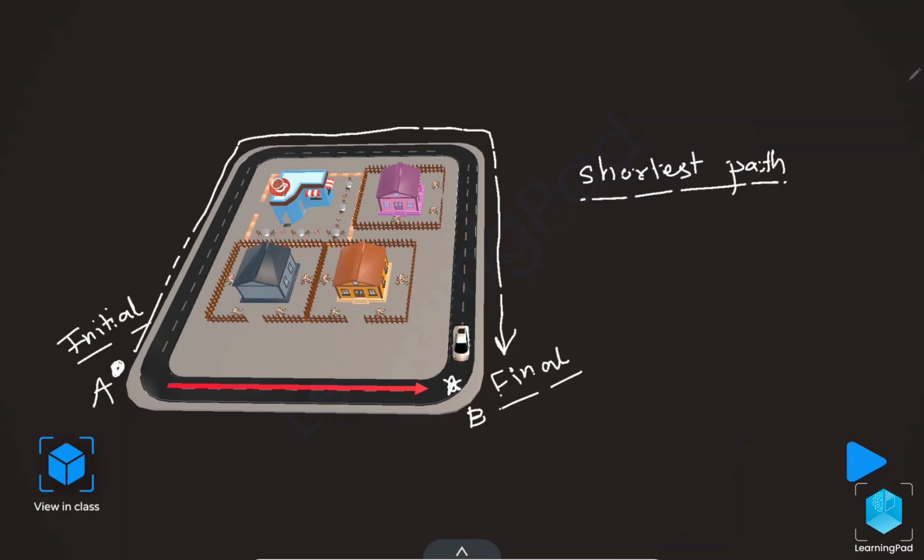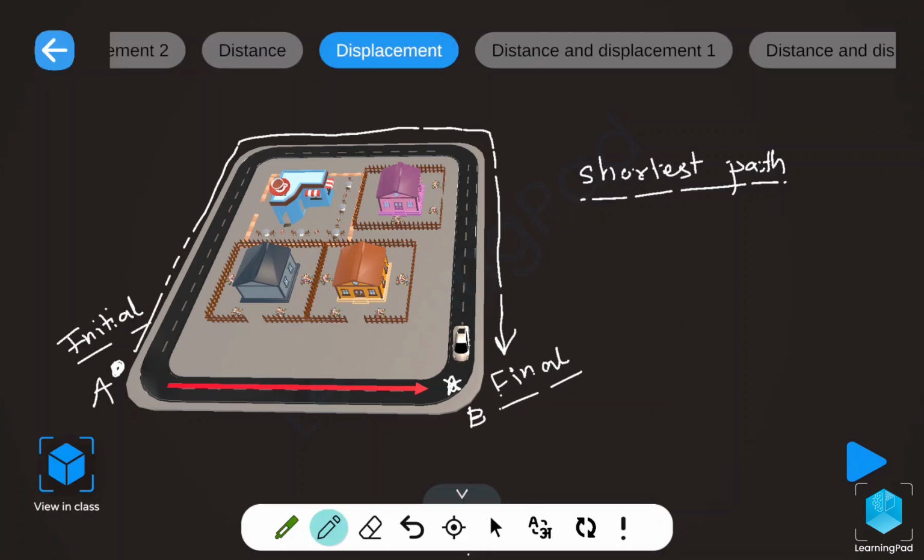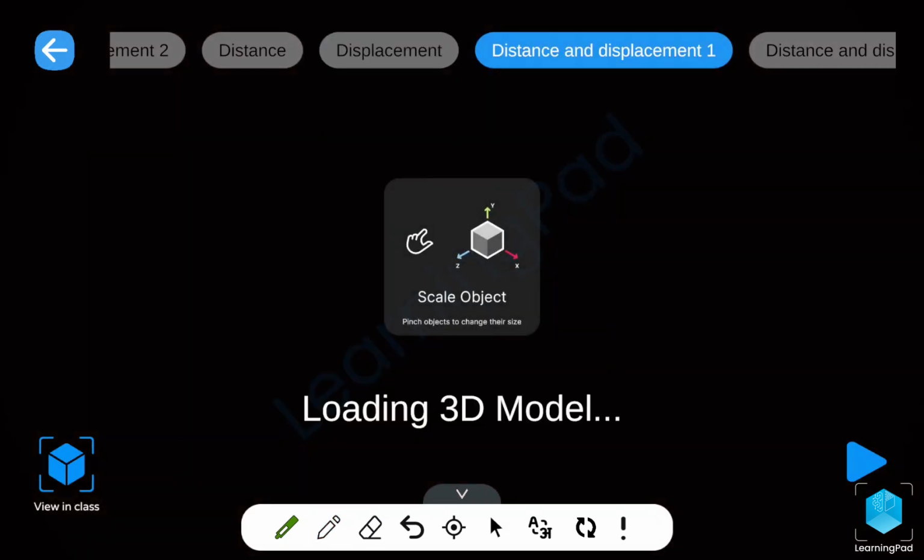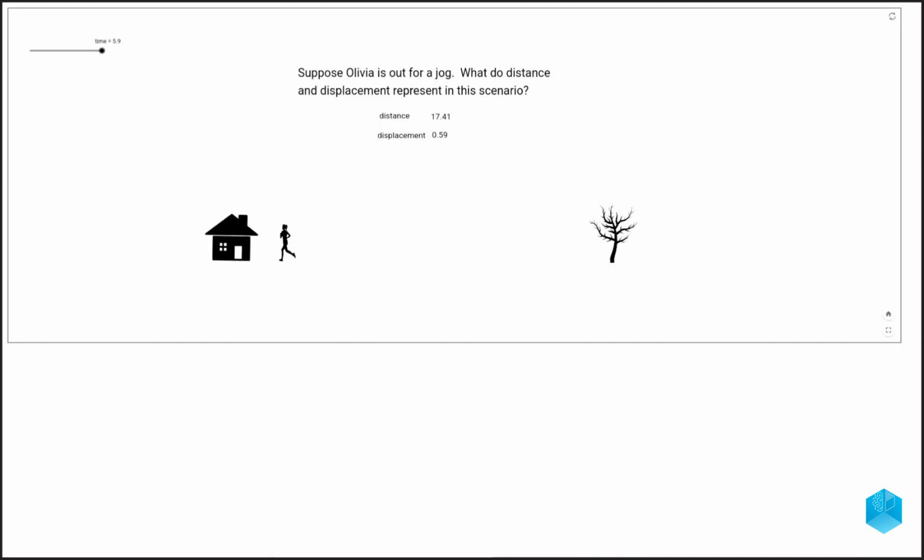As I move the slider towards the right, Olivia is going to start jogging. As the time is passing, pay attention to the distance and displacement values. Both are increasing until we reach the end point, where distance and displacement both become 9.